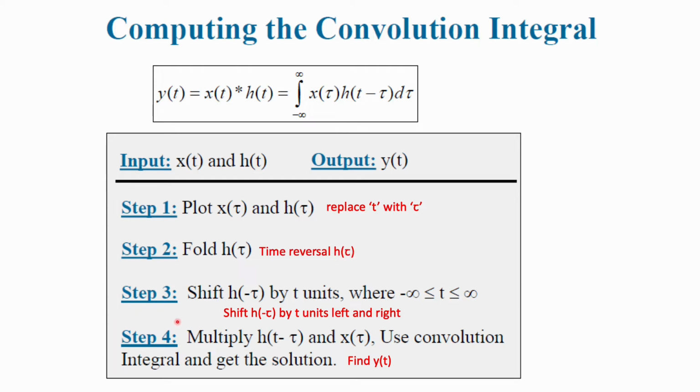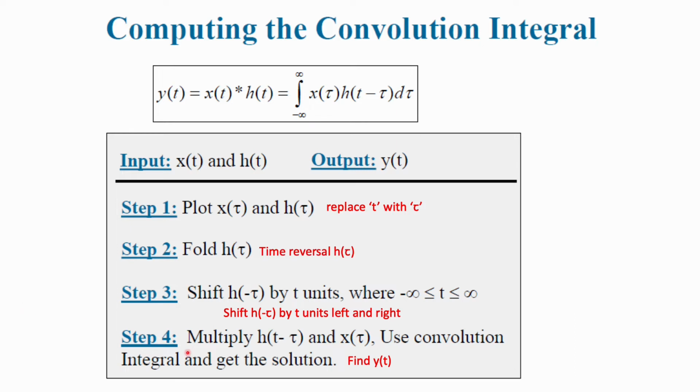The third step, shift h of minus tau, that is the time reversal signal, by t units, where the small t is minus infinity to plus infinity. So the shift of h of minus tau by t units is nothing but either you can do left shift or right shift. Left shift is nothing but t is negative values. Right shift is nothing but t is positive value.